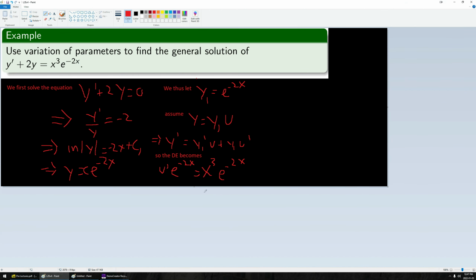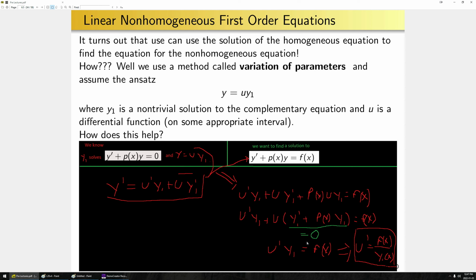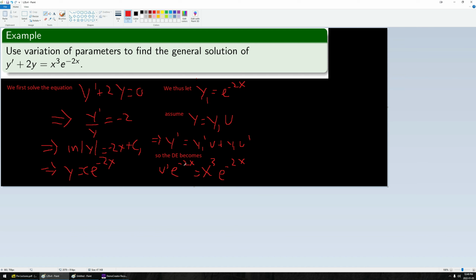To solve this, I'm going to do the exact same thing that I did over here in this particular case. I'm simply going to divide by y1. So in this case, y1 is this e to the -2x. So e to the -2x is never 0, so I can simply divide by it. And this implies that u prime is simply going to be equal to x cubed.